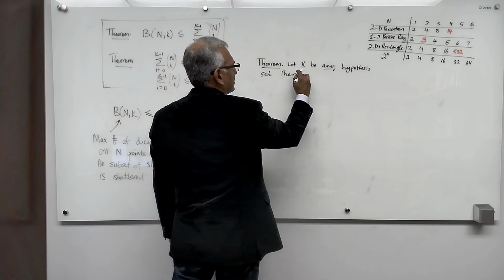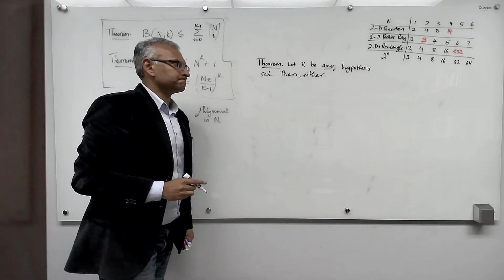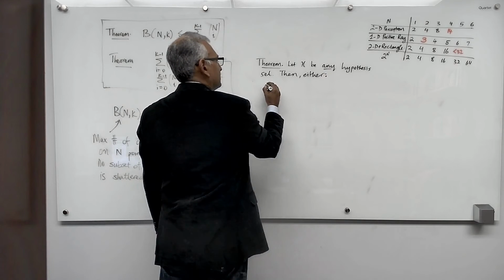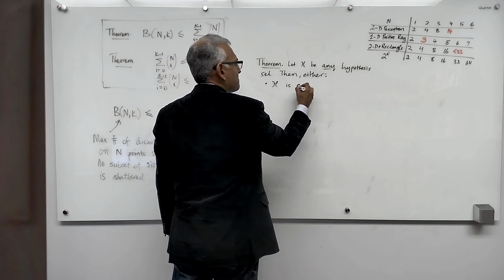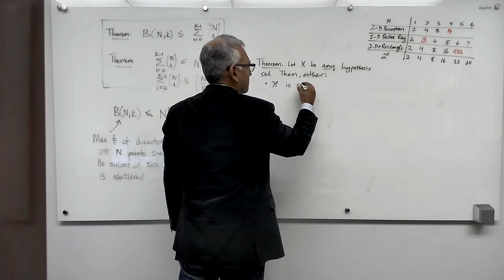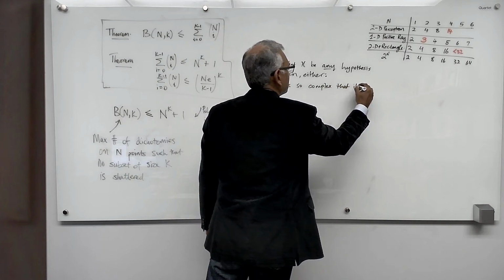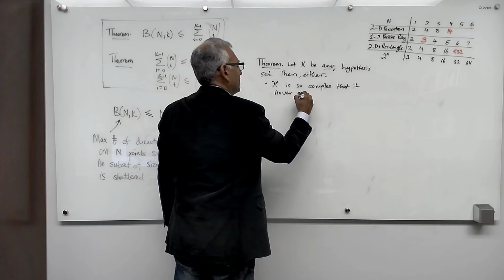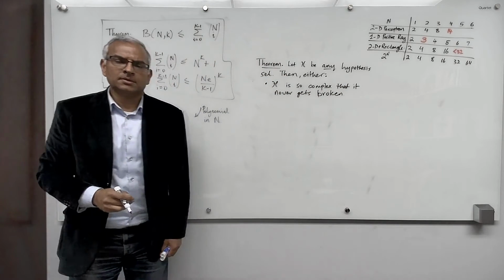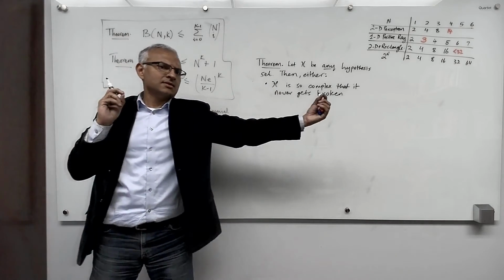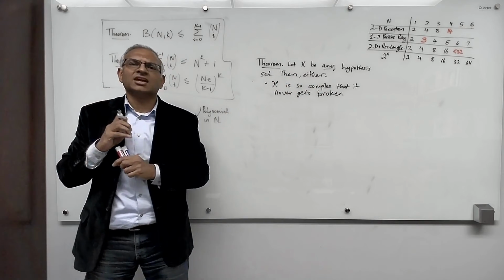So if H is any hypothesis set, then one of two things happens. Either H is so complex that it never gets broken. No matter what n you give me, I can find a set of n data points which H can shatter.